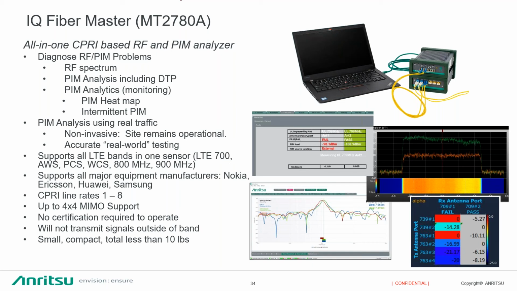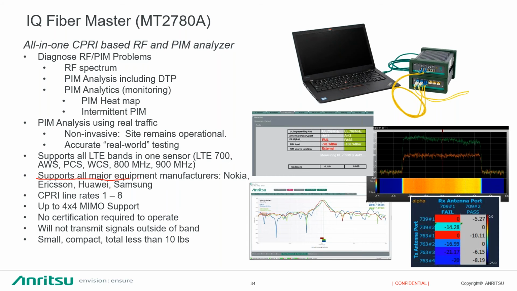It can monitor intermittent PIM. It uses real traffic because it is the CPRI link. So it's non-invasive, meaning the site remains operational, and it's using real live traffic. So the accuracy is real-world accuracy versus using tones that you have to use in the troubleshooting phase. It supports all of the LTE bands in one sensor.